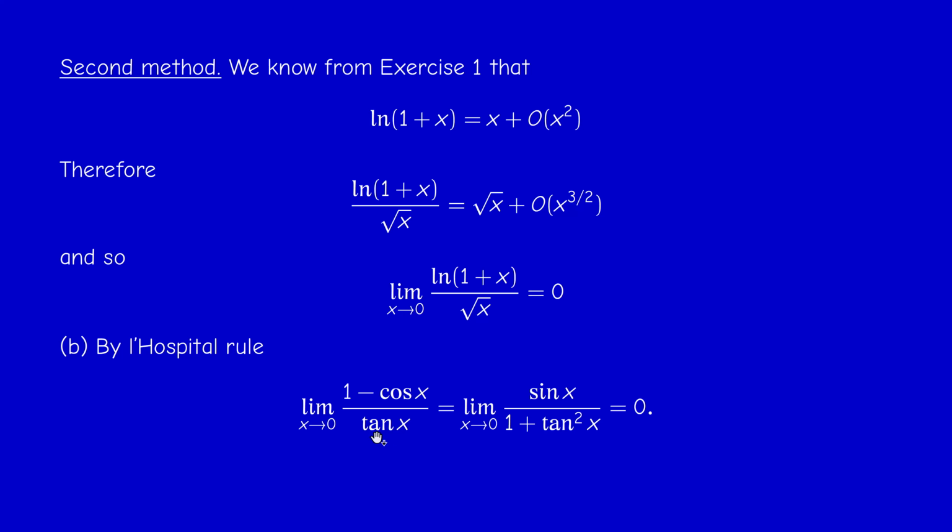Try to expand tangent x near 0 just up to order 3. It's enough. Okay. So just compute the first, second, third derivative, or just the second derivative is okay actually, right? So try to do it as an exercise. But here, of course, the limit is simpler.